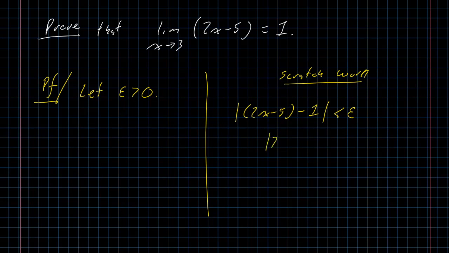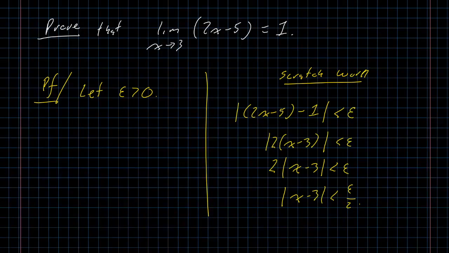And by rearranging that exactly the same way we did before, just with an unknown epsilon instead of with a particular value, we get that the absolute value of x minus 3 should be less than epsilon over 2. And again, as we saw when we were looking at the specific numbers, absolute value of x minus 3 less than delta is what we're looking for. All right, so that's our scratch work.